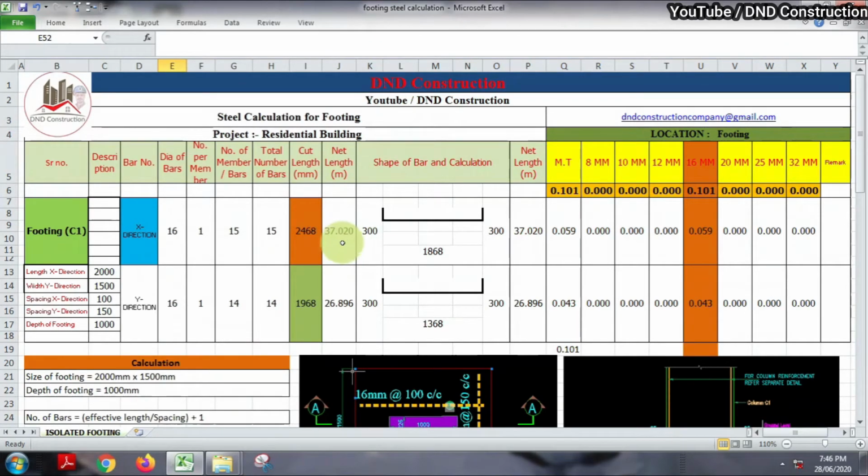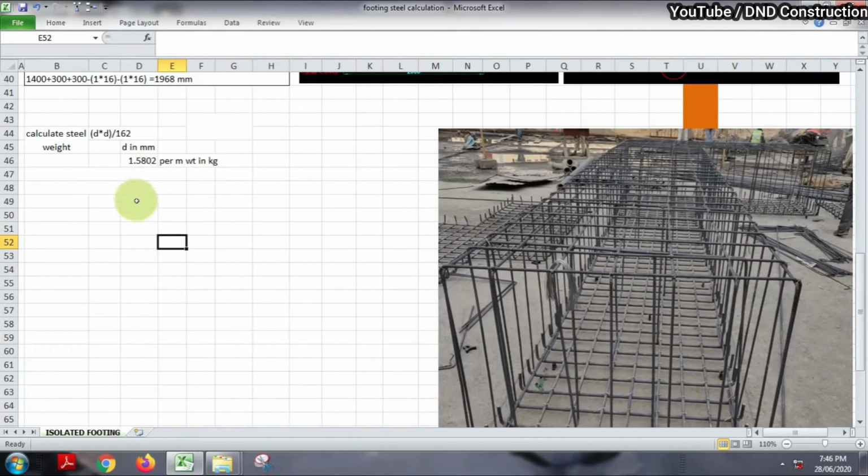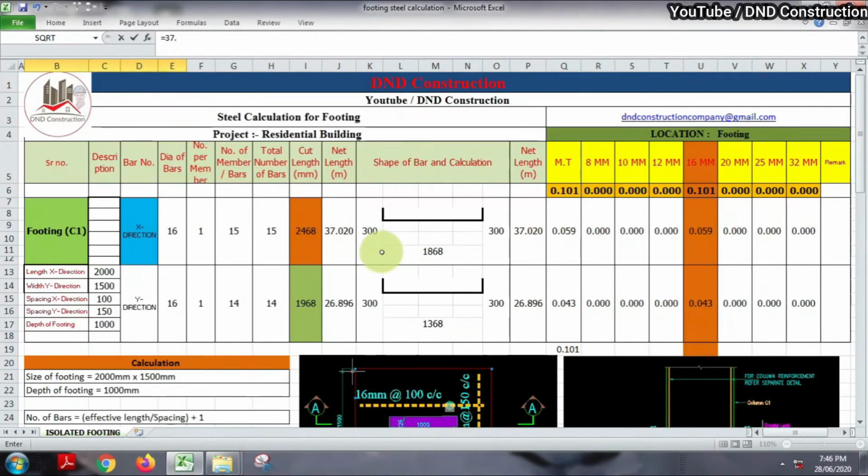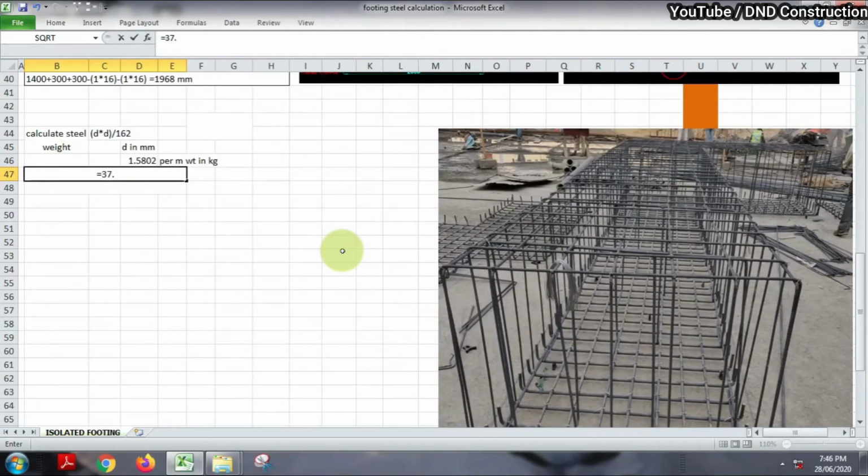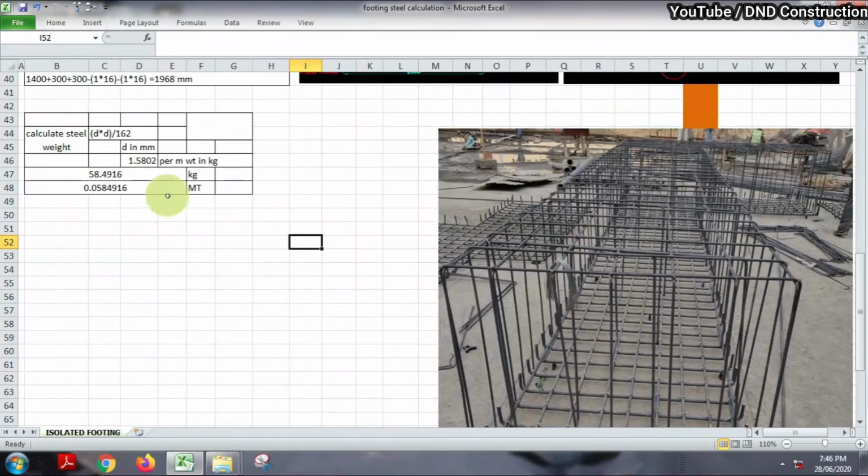If we divide this by thousand, it will be in metric ton. This is the formula to calculate the steel of the bar.